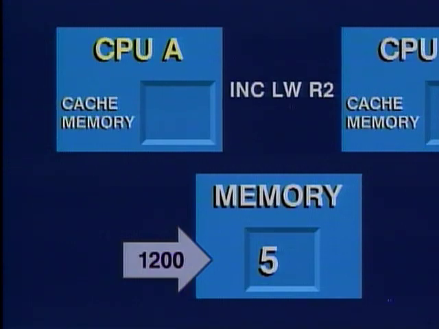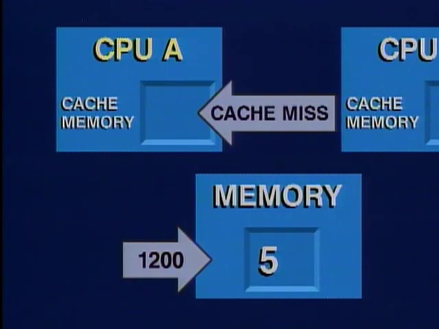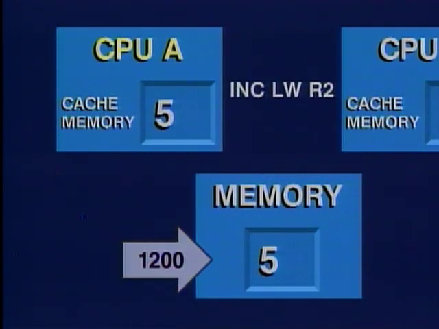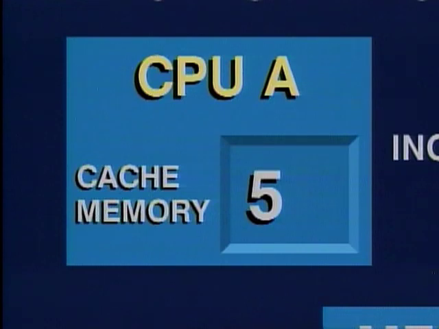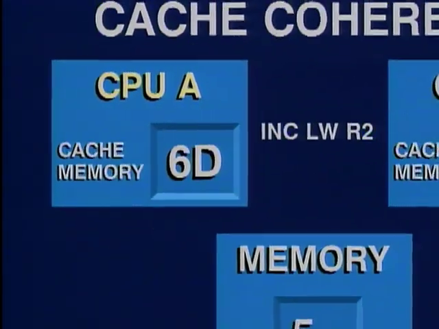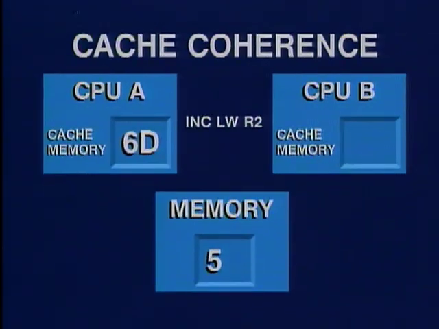The CPU first looks in its cache for an address match, which in this case results in a cache miss. It then retrieves the data from main memory and puts the information into its cache. Next, it performs the increment operation. Since the data has been modified, it tags the location in cache as dirty. At this point, the main memory has not been updated.